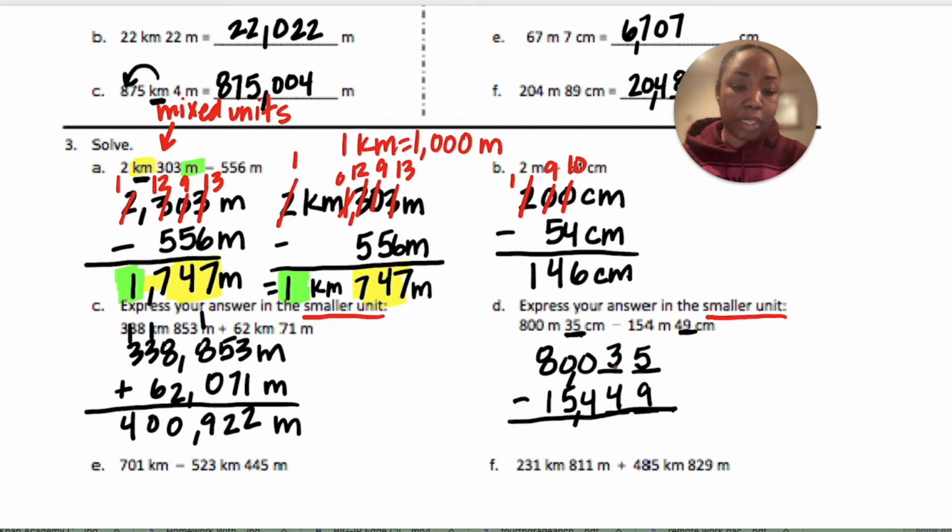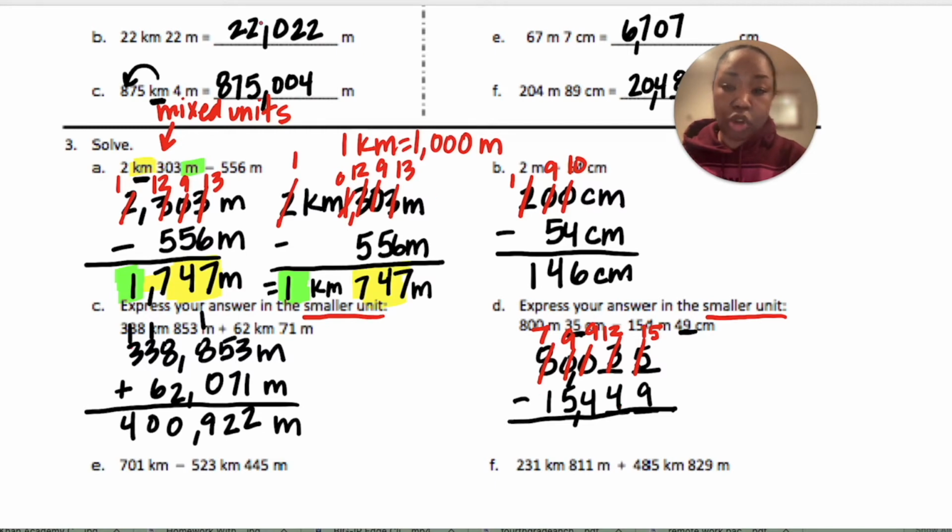Can't do 5 minus 9, so I'm going to take from the 3, add to the 5. 3 becomes 2, 5 becomes 15. Can't do 2 minus 4, can't take from 0 or 0, so I'm going to take from this 8, it becomes 7. This becomes 10 and then 9, this becomes 10 and then 9, this becomes 12.